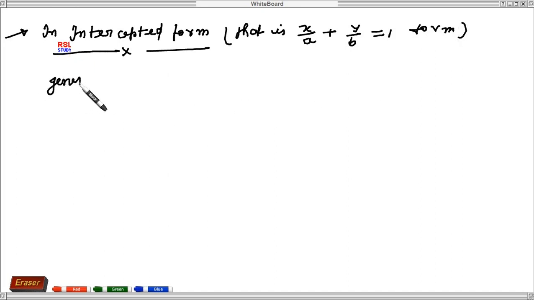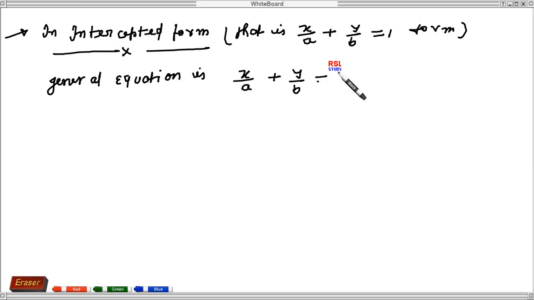Now expressing the general equation ax plus by plus c in intercept form, that is x by a plus y by b equal to 1. We have to express ax plus by plus c in this form.